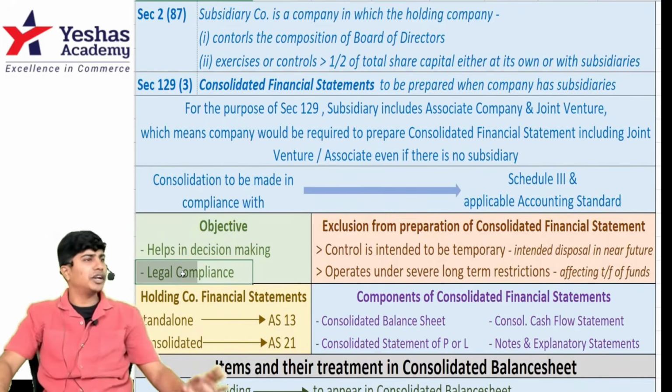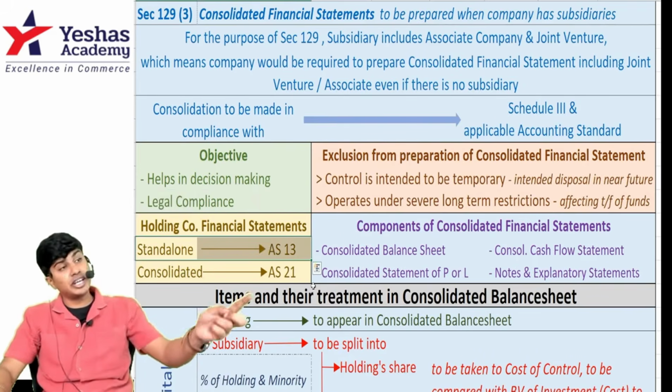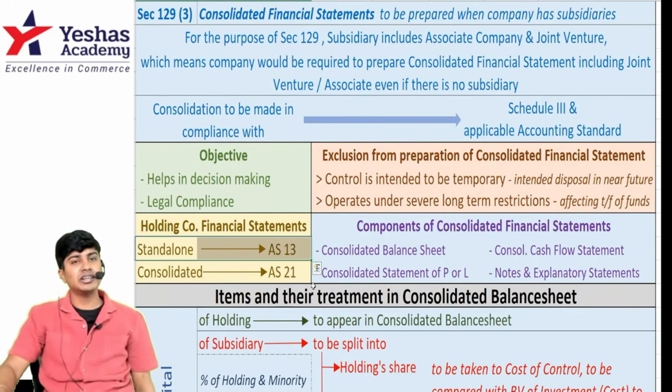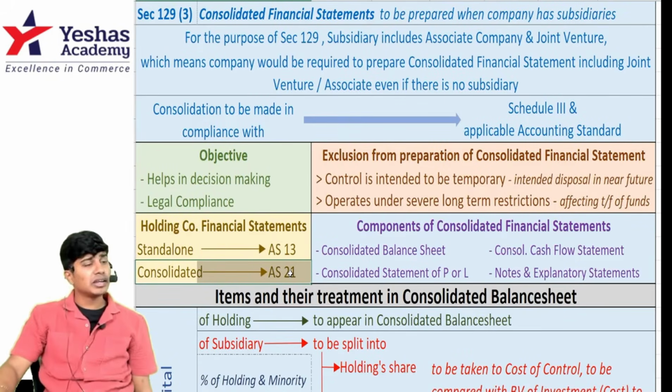If you don't do consolidation, the holding company will prepare its balance sheet and show the investment in subsidiary as per AS 13, as a long-term investment. But if you do consolidation, we will not apply AS 13, we'll apply AS 21.